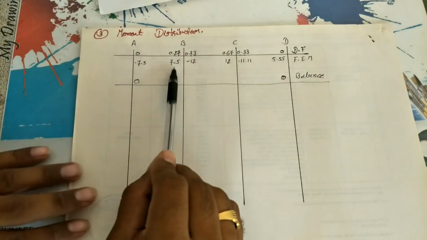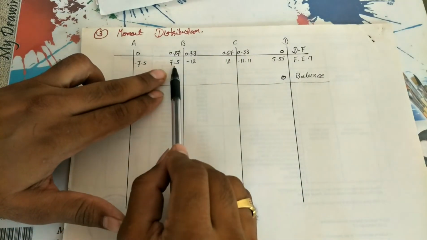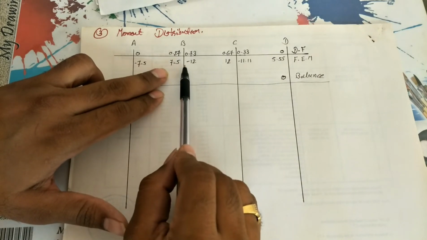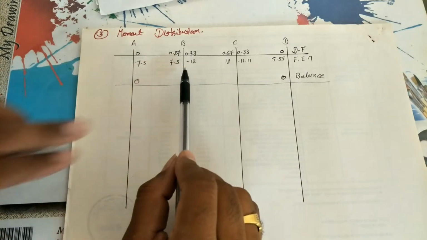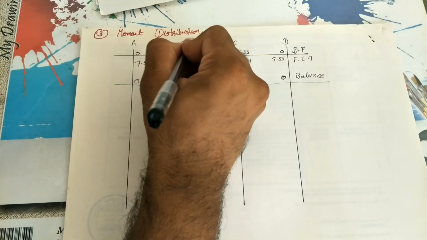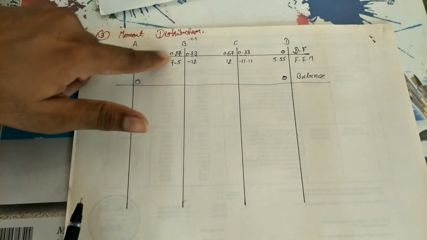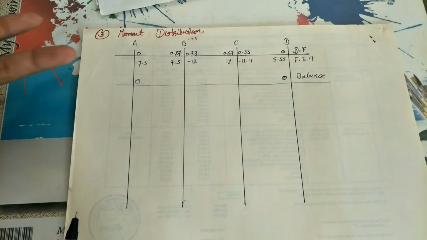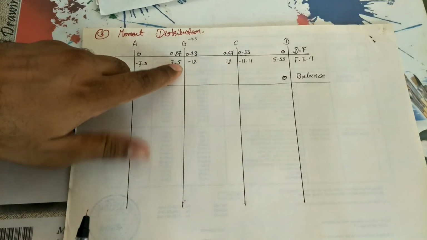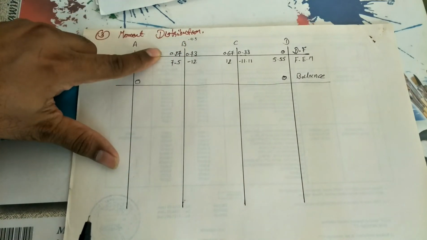To balance the intermediate joint, we have to add the end moments: 7.5 plus minus 12, that answer is minus 4.5. Multiply minus 4.5 with the individual distribution factors, and write the opposite of that. So 7.5 plus minus 12 is minus 4.5. Minus 4.5 multiplied by 0.27.